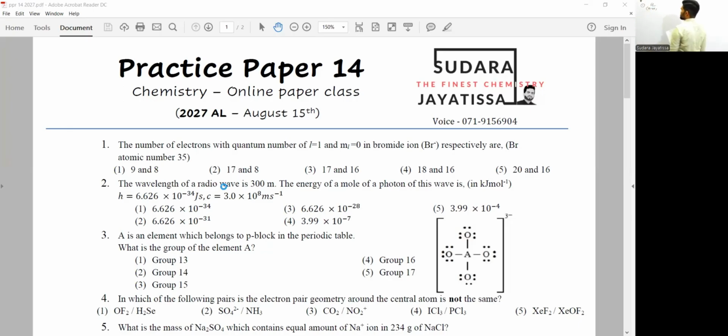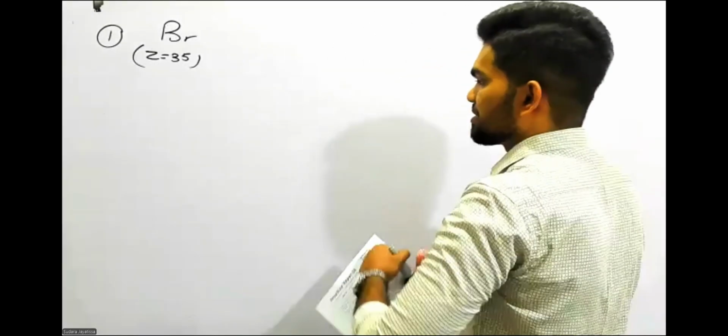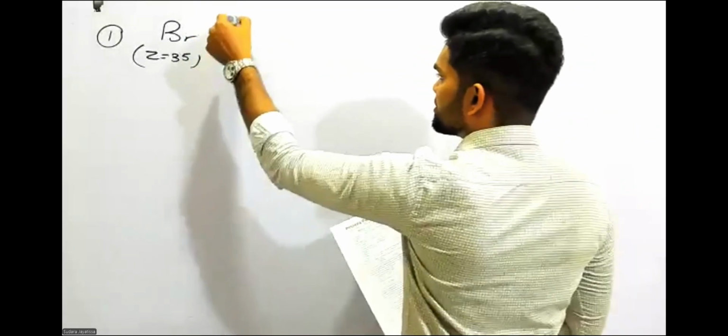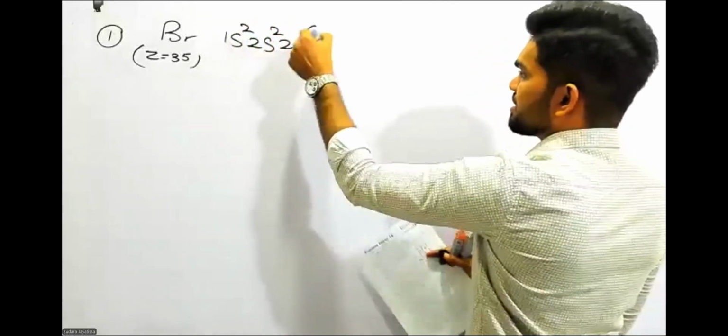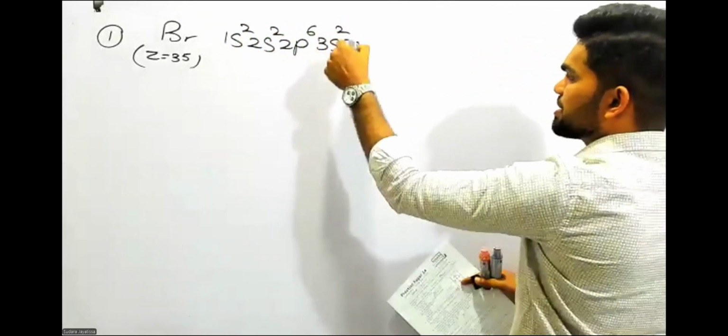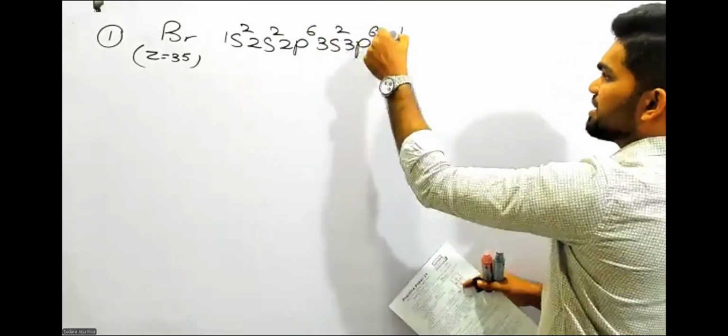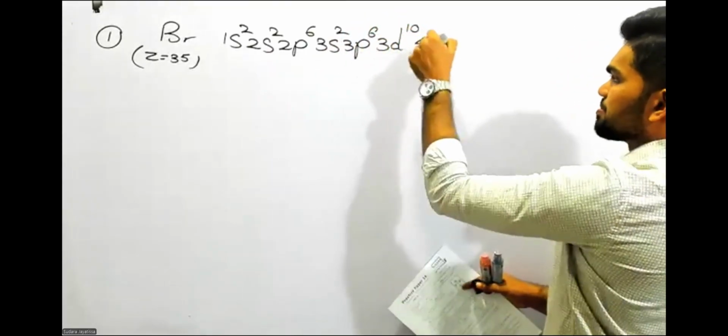So using Aufbau principle and the other related principles for the electronic configuration, we can write the electronic configuration starting from 1s, 2s like that. Okay. So let's try to write that. 1s2, 2s2, 2p6, 3s2, 3p6, 3d10, and 4s2.